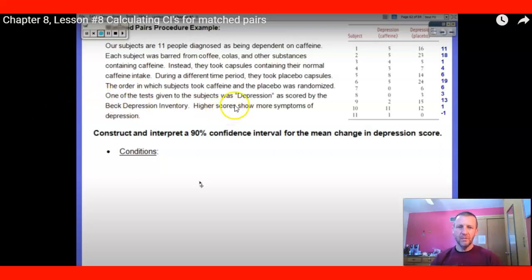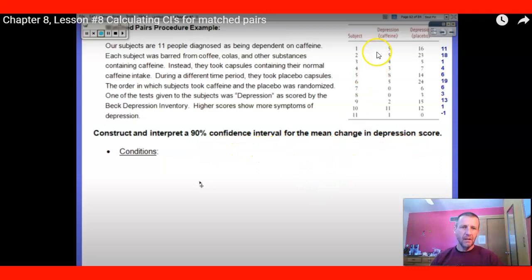One of the tests was some sort of depression score. Now, the Beck Depression Inventory, I don't know anything about that. All I know is higher scores mean you're more depressed, like the caffeine isn't making you feel better. Construct and interpret a 90% confidence interval for the mean change.